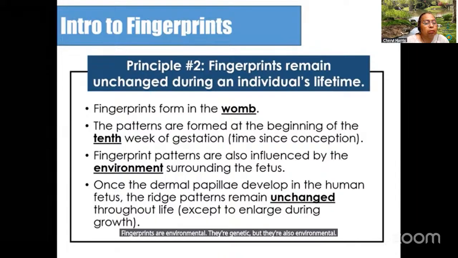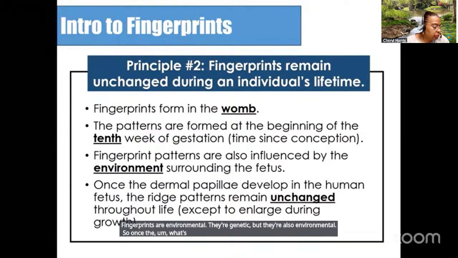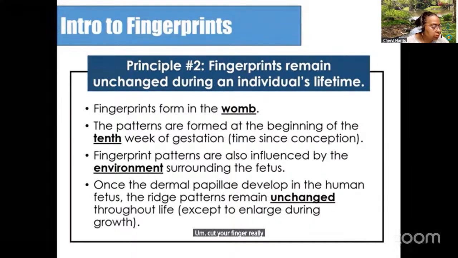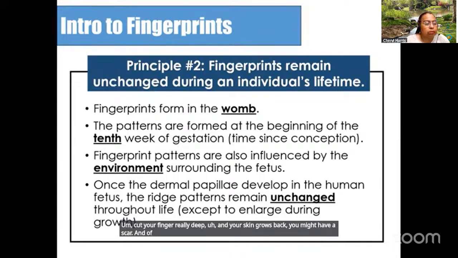Once our ridge patterns are set, they remain unchanged throughout a person's life, with a few exceptions. Obviously, if you cut your finger really deep and your skin grows back, you might have a scar, and of course that will alter your ridge patterns. But for the most part, fingerprints remain unchanged during an individual's lifetime.